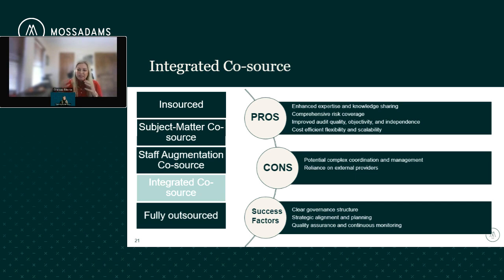Similarly to that staff augmentation, you want to make sure that reporting techniques, what is being conveyed to the board, and so on and so forth, is set and clear for both parties. Making sure that alignment and planning is done in the front end of things will really bring home that success.